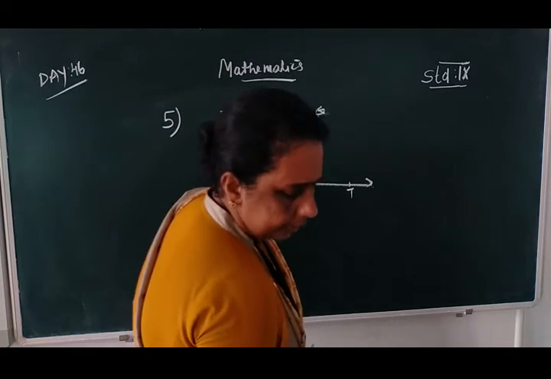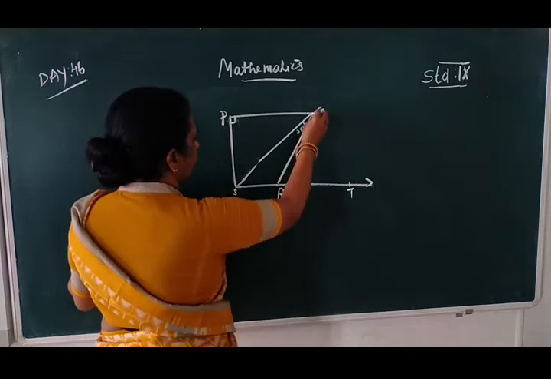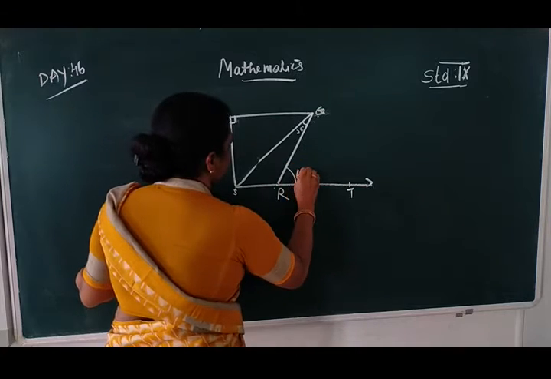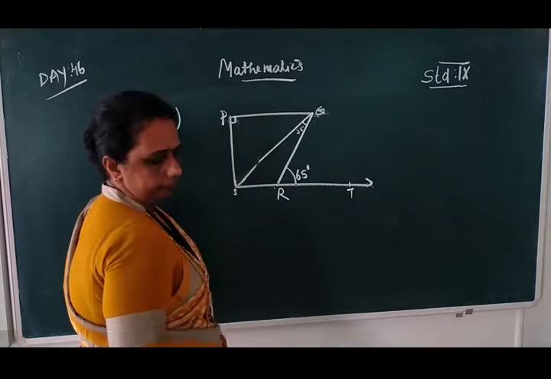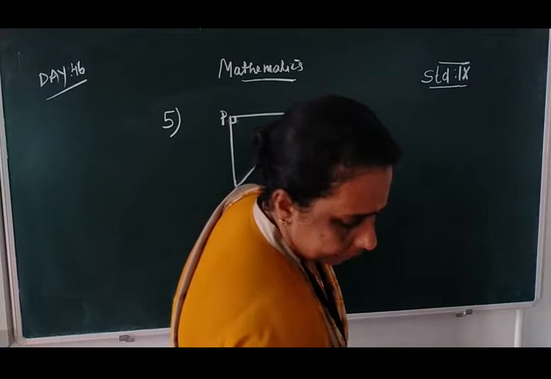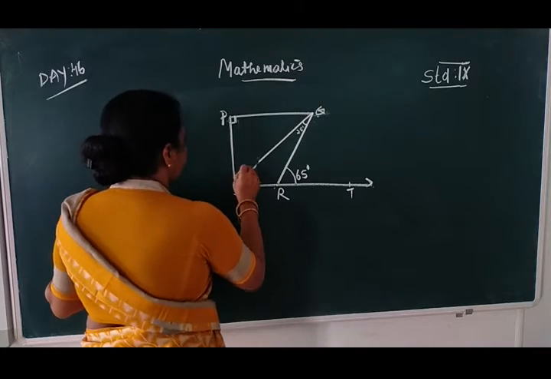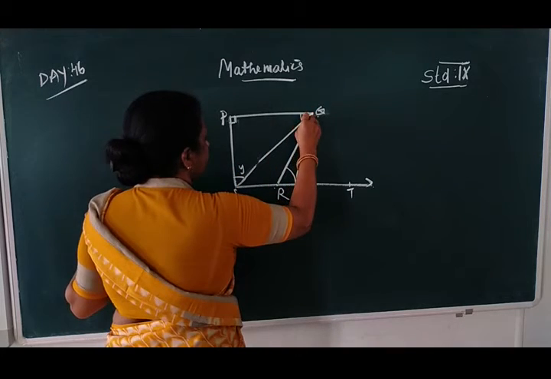Angle QRT is 65 degrees. Find angles X and Y. This one is Y and this one is X.